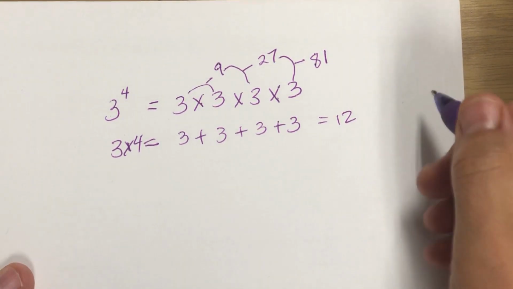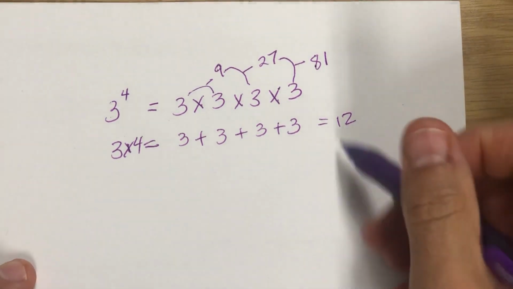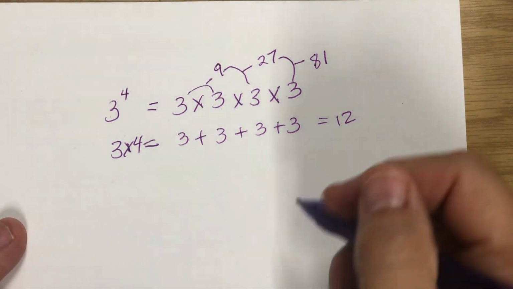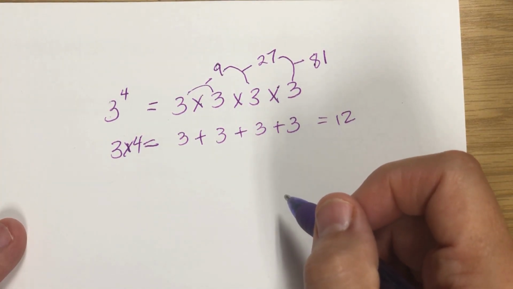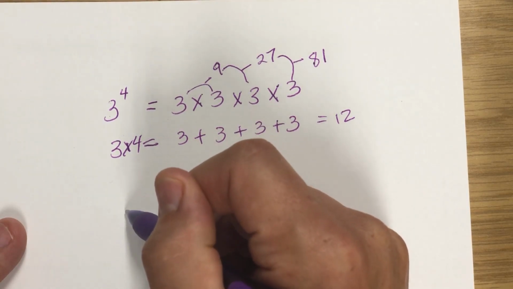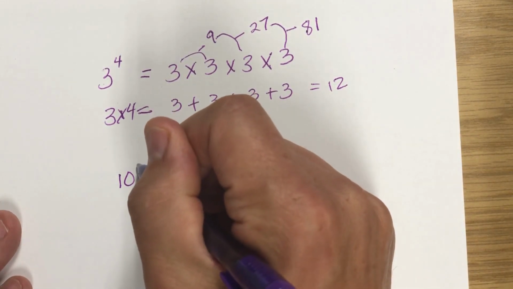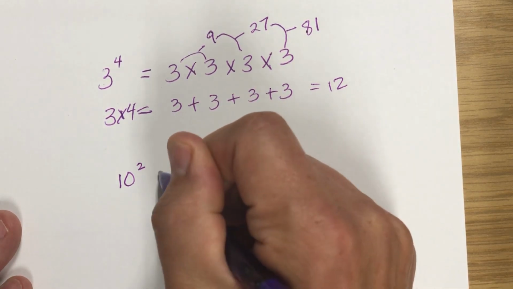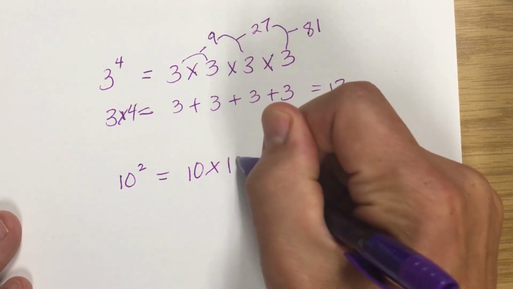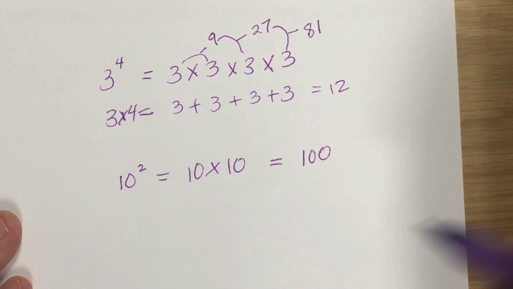So once the students understand the basics of what an exponent is and how it works, then we're going to apply it to powers of 10. So if we take 10 to the 2nd power, that would be 10 times 10, which equals 100.